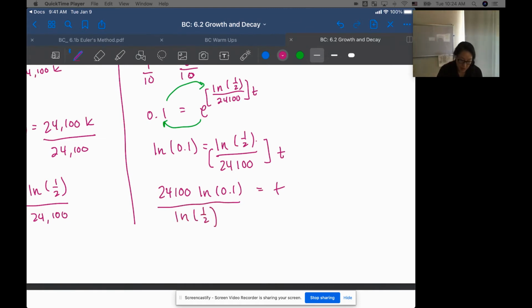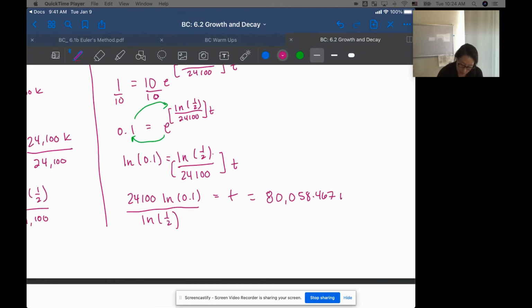So I get t is equal to 24,100 ln 0.1 over ln 1/2, which is equal to 80,058.467 years. So to reduce to 1 gram, it's going to take us about 80,058 years.